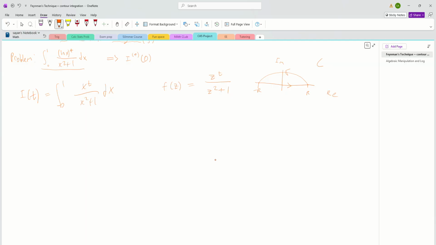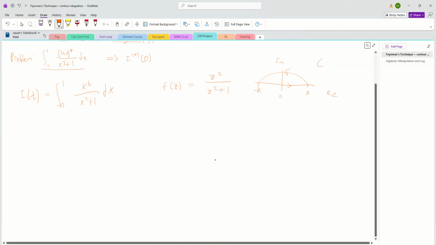So our integral is going to be from 0 to r, and in this case r is going to be 1, right? So this is sort of f of z, or not f of z, but like I of t, I guess. That's kind of what we're looking for right here.